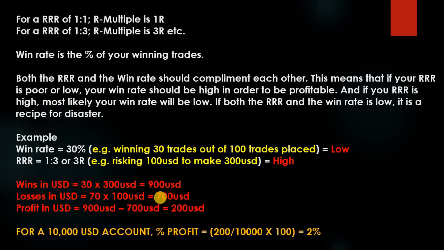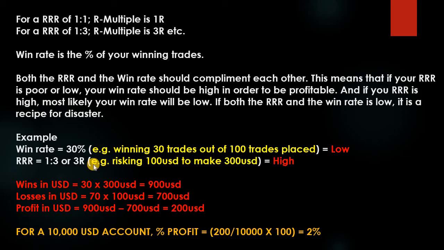Let's go further to see if this strategy is profitable or not, combining the win rate and the risk to reward ratio. So a win rate of 30% means that the trader can win 30 trades and lose 70 trades out of 100 trades.